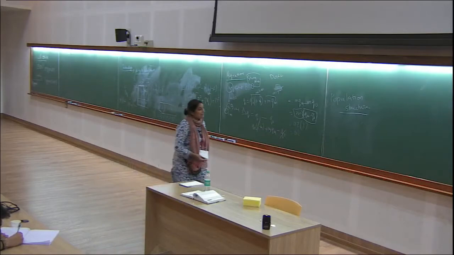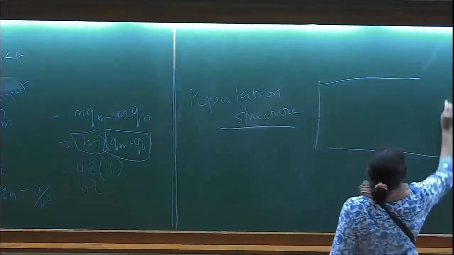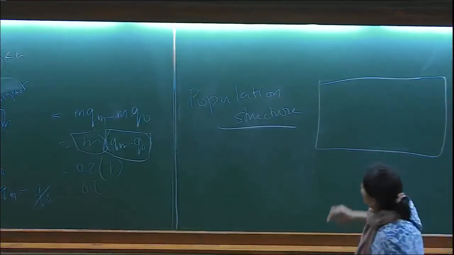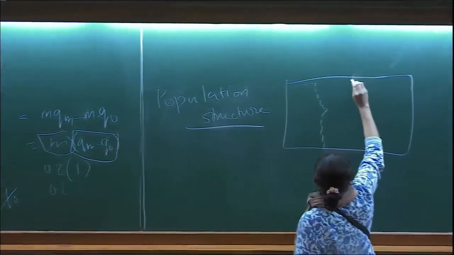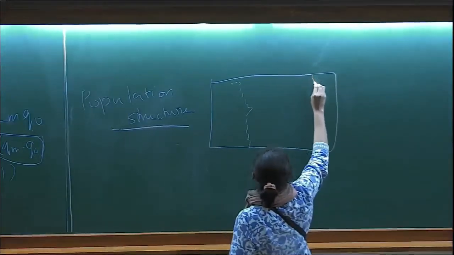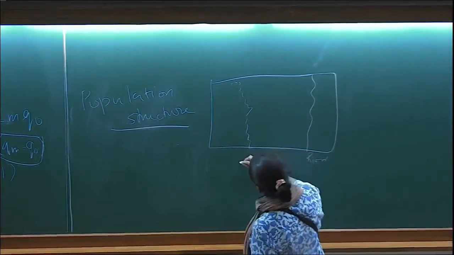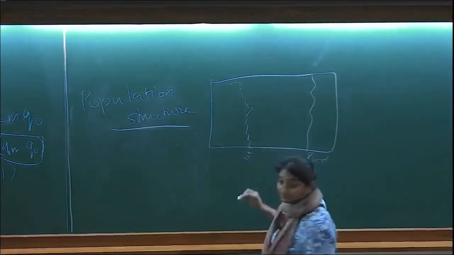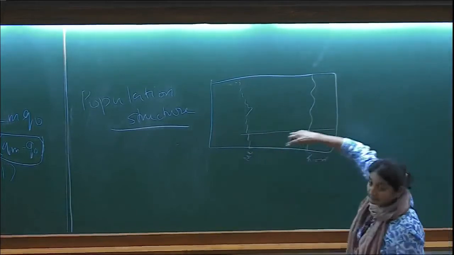Okay, so basically imagine this is a space, and for whatever reason there's a river here, there's a mountain range here, but there are individuals all over.